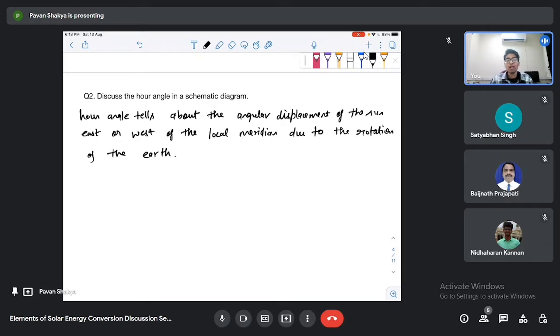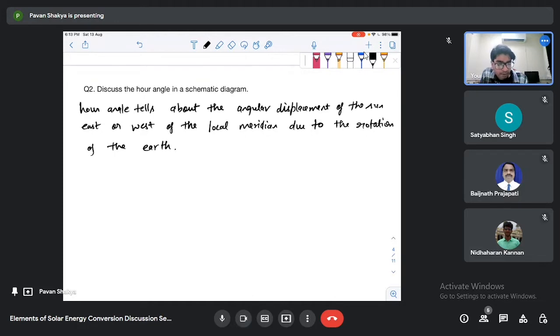So the hour angle is used for the calculation of time in terms of angles. As we know, our Earth rotates around its axis in 24 hours.